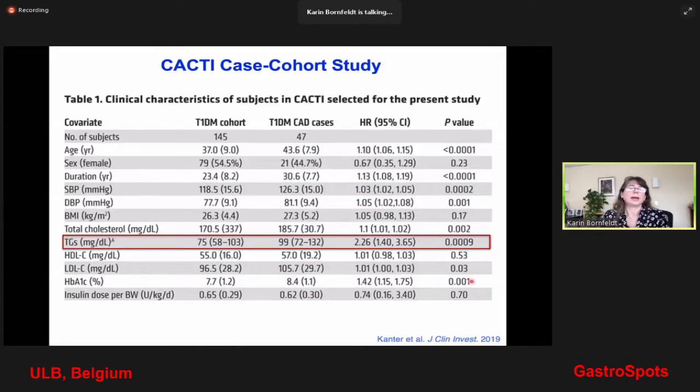I wanted to point out, though, that triglyceride levels were mainly in the normal range in both of these groups, with median levels of 75 and 99 mg per deciliter.